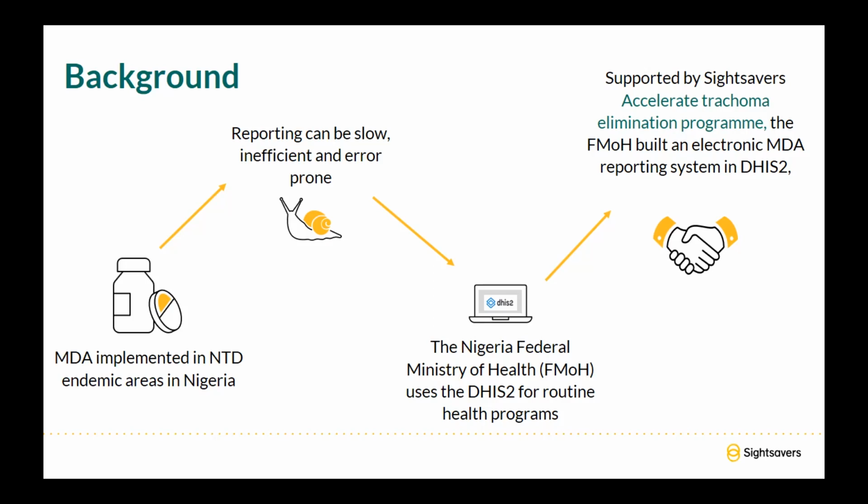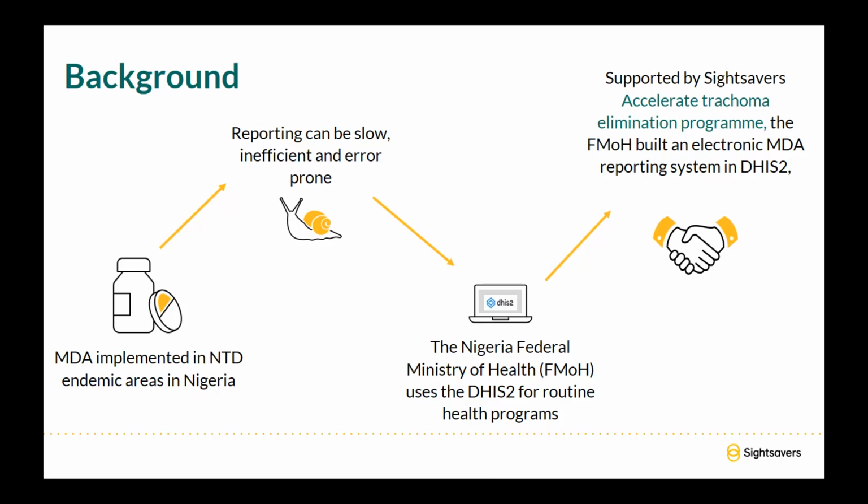Since 2019, we have worked with the Federal Ministry of Health through the Accelerate Trachoma Elimination Program, which aims to support approximately 8 countries to eliminate trachoma as a public health risk.